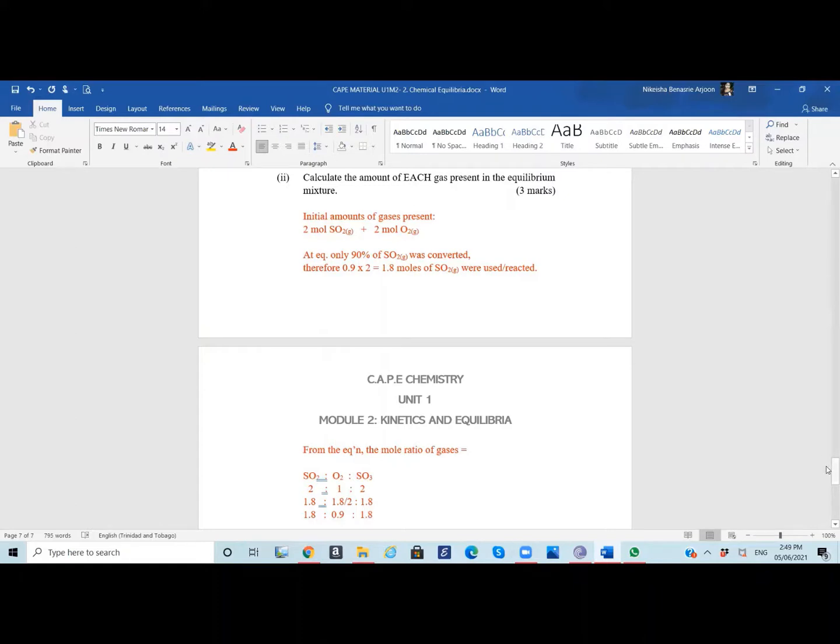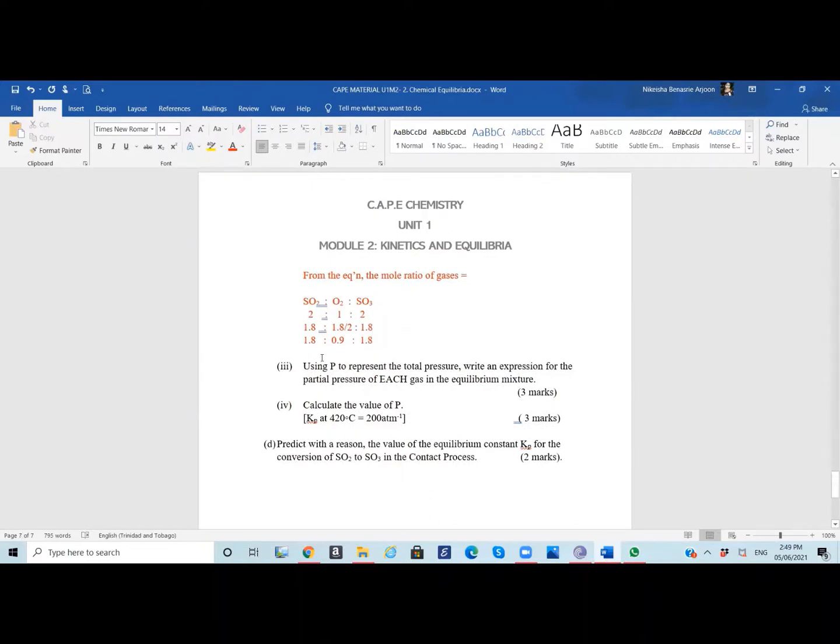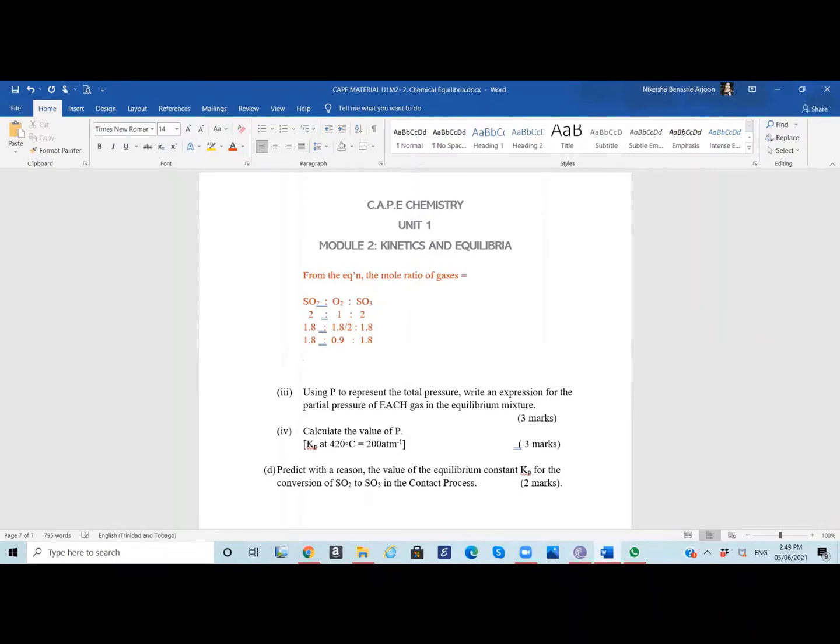The question, let's go back to the question. Calculate the amount of each gas present in the equilibrium. So that will be after all of this has occurred. So at equilibrium, the amount of each gas present.